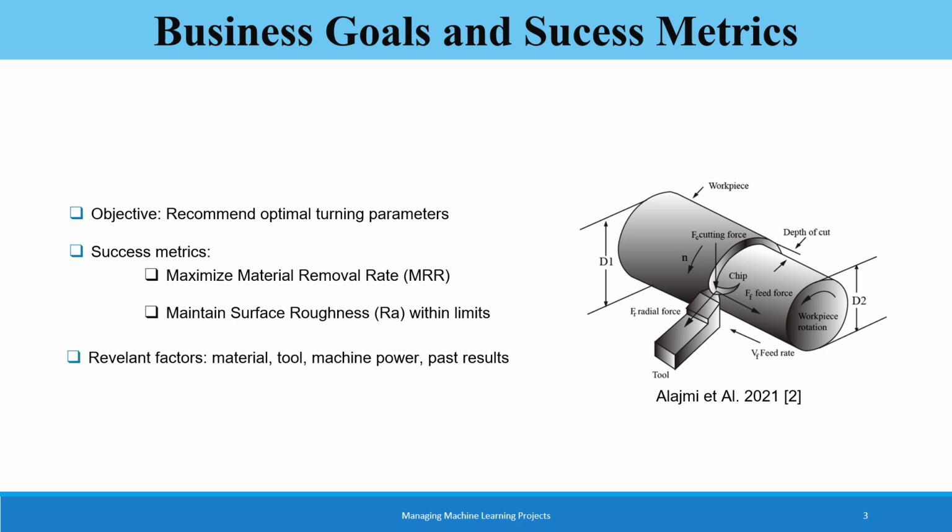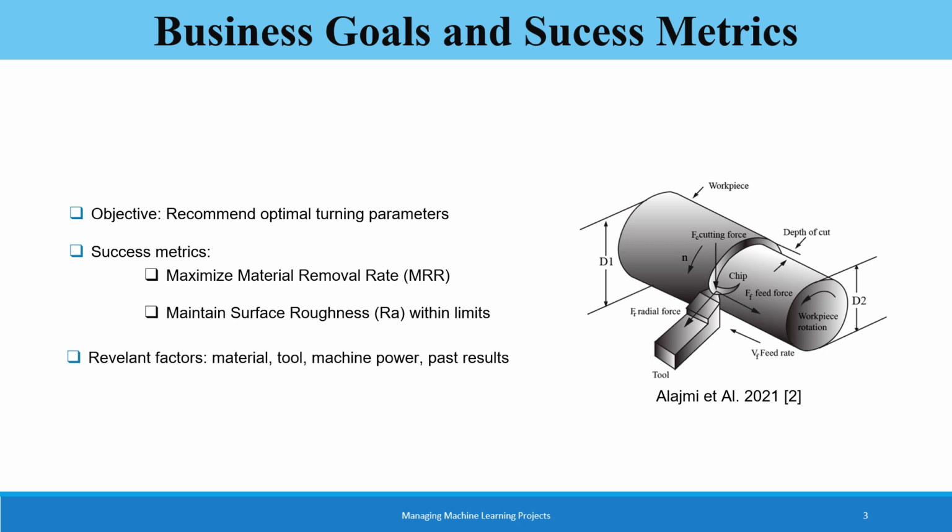The first one is the material removal rate, or MRR. Higher MRR values indicate better productivity. The second one is surface roughness, or Ra, which must remain within acceptable tolerance limits to ensure production quality.